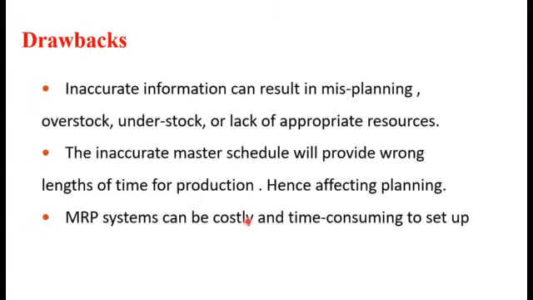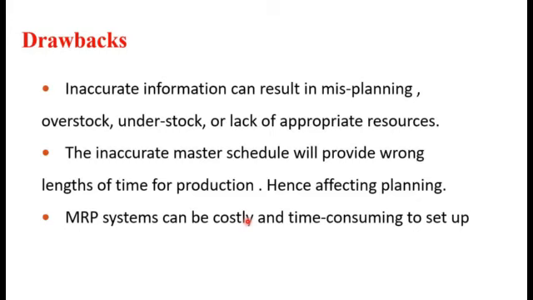Similarly, there are some limitations. The drawbacks of MRP are that inaccurate information can result in misplanning, overstock or understock, or lack of appropriate resources. Therefore, accurate information should be there. It is a software technique, so we have to give inputs to the MRP system accurately.